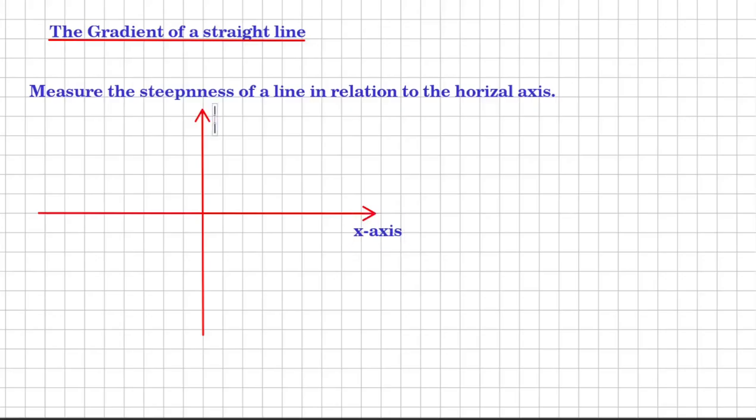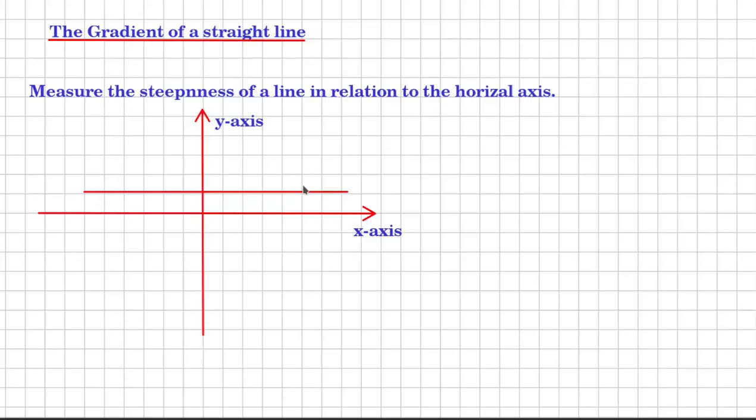So we are going to talk about the gradient of a line in relation to the horizontal axis, which is the x-axis. For example, this line here. If we compare it to the x-axis, it's just parallel to it. It's going the same way. It's not steep in relation to the x. So the gradient of this line is 0. So for all horizontal lines, the gradient is going to be 0.